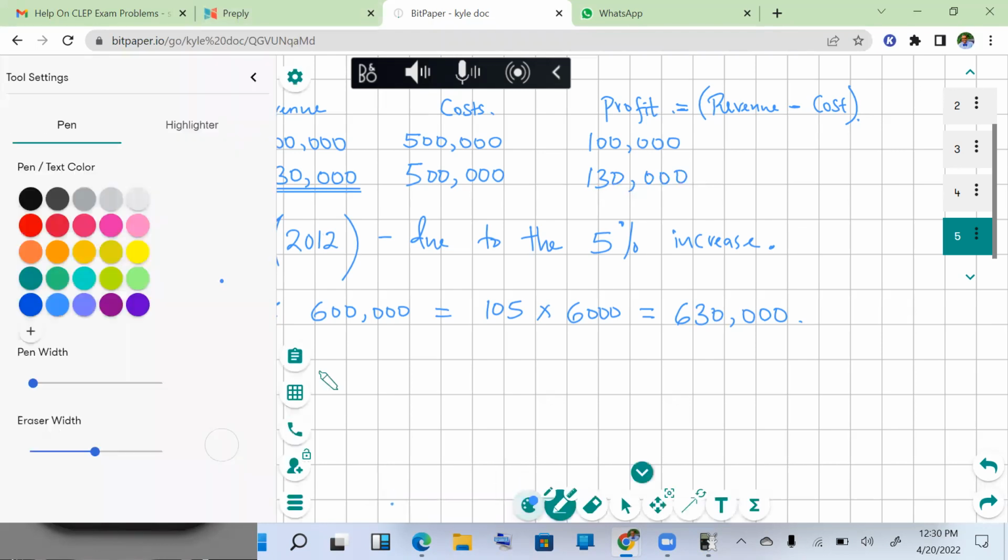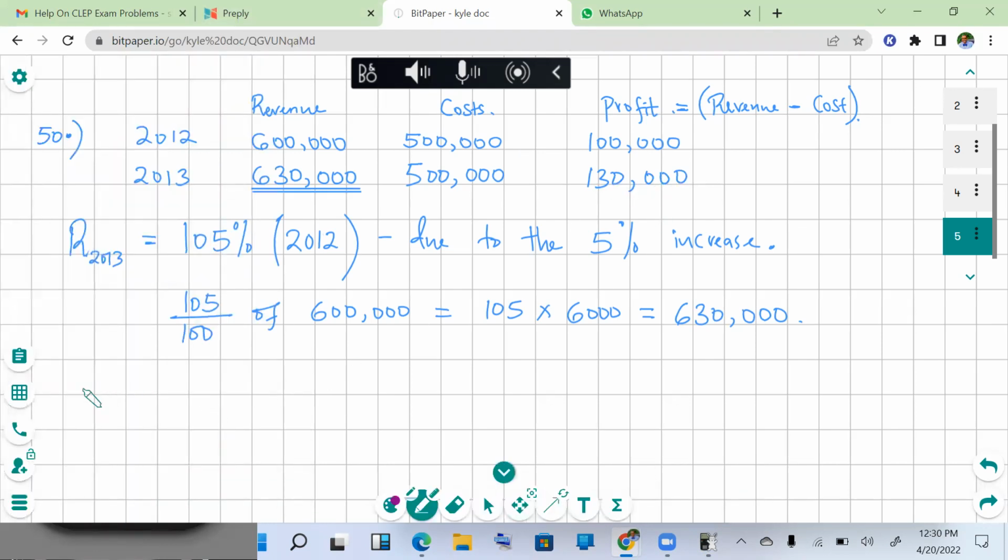So the profit increased by 30,000 bucks.